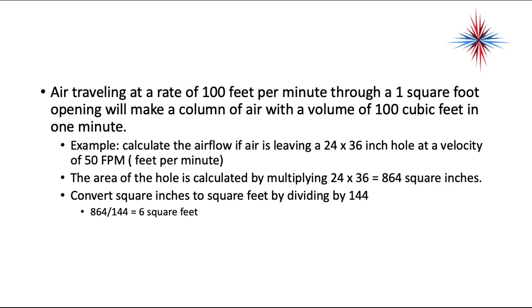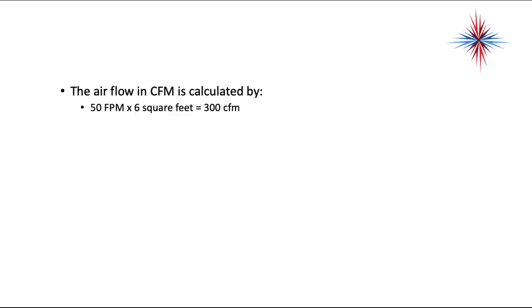Remember, we're dealing with feet. Anytime we move square inches to feet, I divide it by 144. So 864 divided by 144 is 6 square feet. So the airflow in CFM is calculated by 50 feet per minute times 6 square feet is 300 CFM.